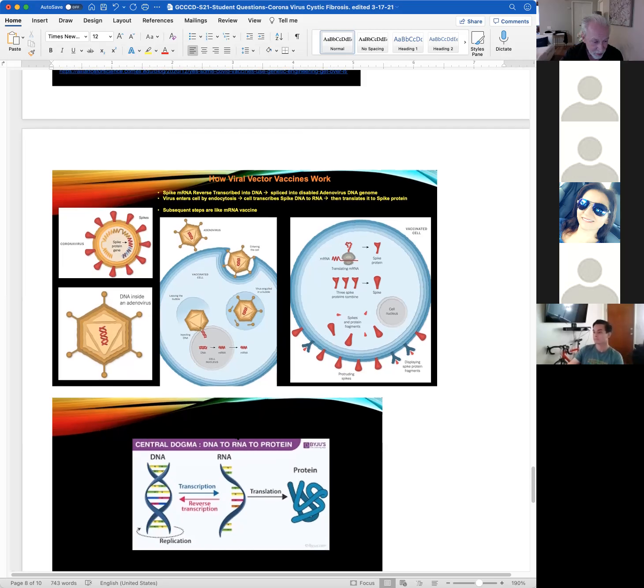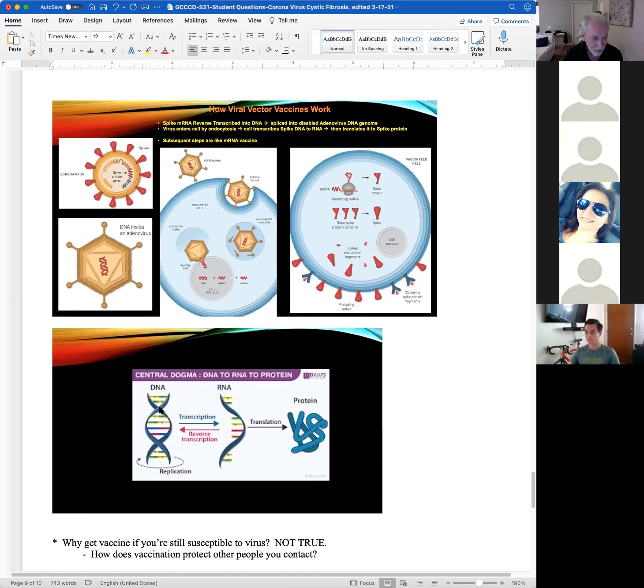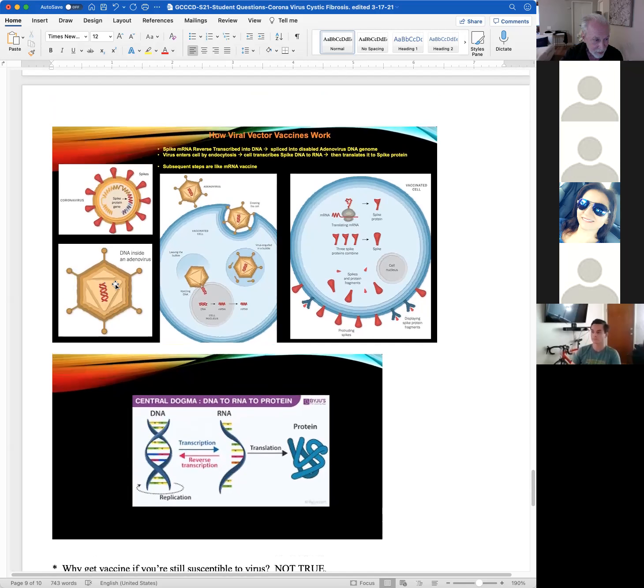You reverse transcribe, and I've got that illustrated here. You reverse transcribe the mRNA for spike into double-stranded DNA. And that DNA is now compatible with the adenovirus. So now the virus has a double-stranded DNA encoding spike.